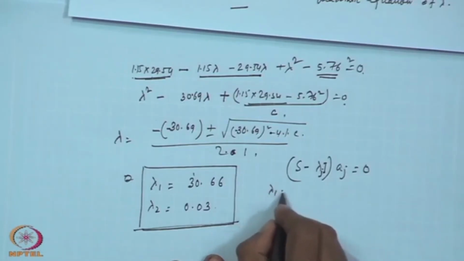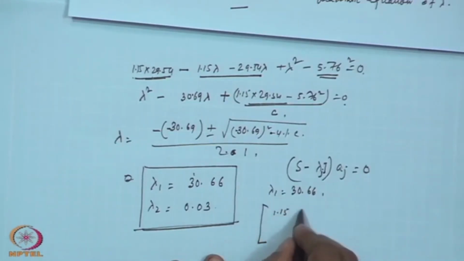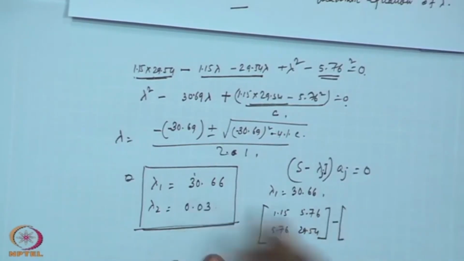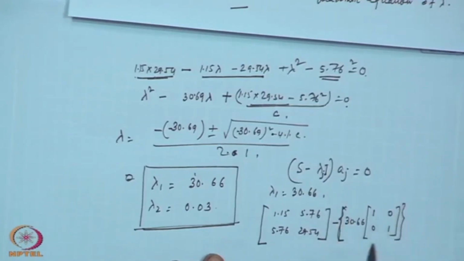As lambda 1 equals 30.66, you put S as 1.15, 5.76, then 5.76, 29.54, minus lambda, which is 30.66, into the matrix 1 0 0 1. This matrix, into A1, equal to 0.